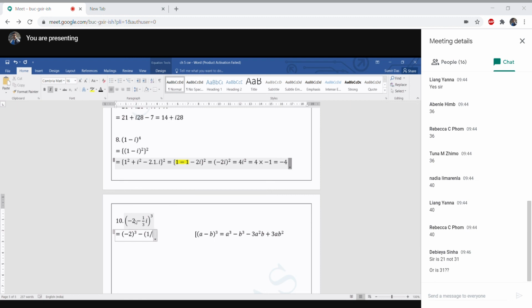So it will be 1 by 3i whole cube, minus 3 into minus 2 square into 1 by 3i, plus 3 into minus 2 into 1 by 3i square. Okay, fine.